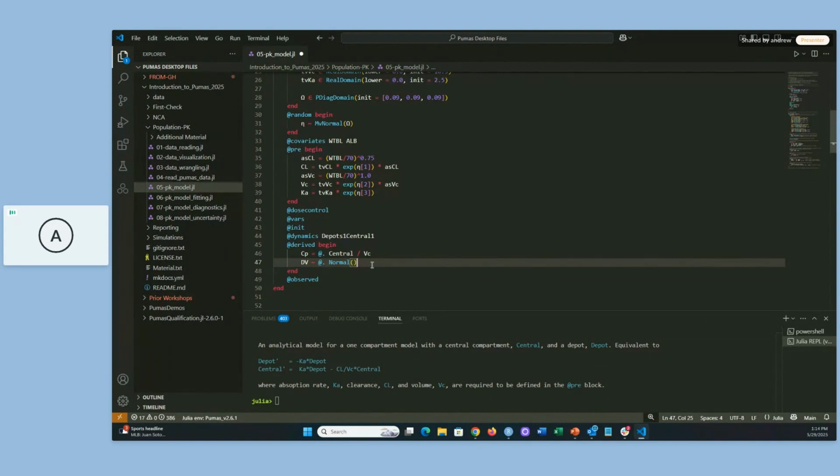So we can define what types of distributions we want to use. We can use gamma and beta distributions for things like bioavailability, which we know should be between 0 and 1, 0 to 100%.